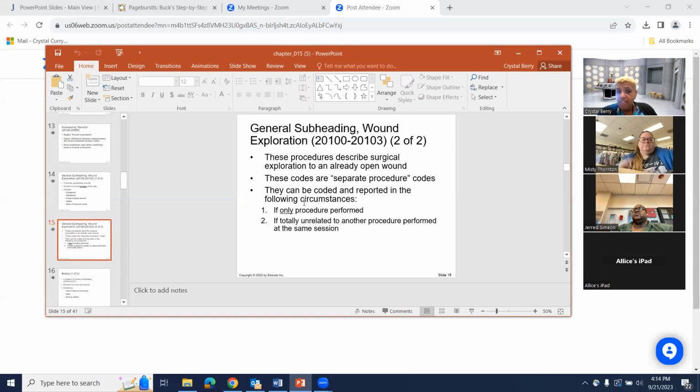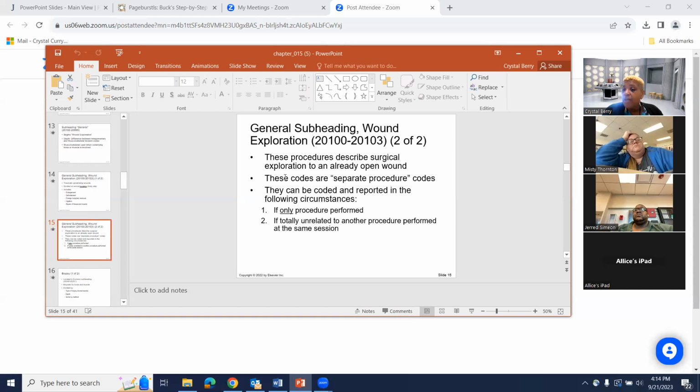So let's go over this again. These procedures describe surgical exploration of an already open wound. That's the difference. The wound has to already be open. These codes are separate procedure codes. So this is going to be a totally different code from your original code.